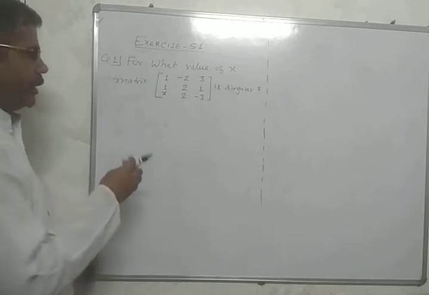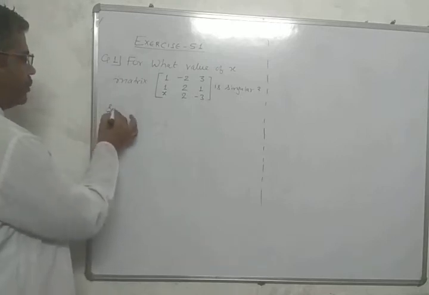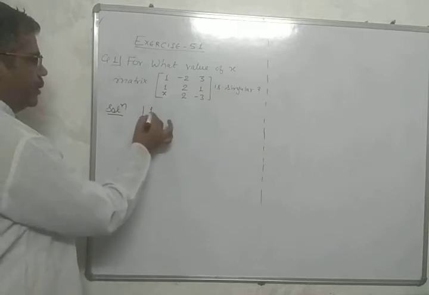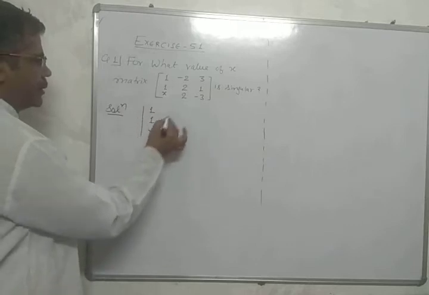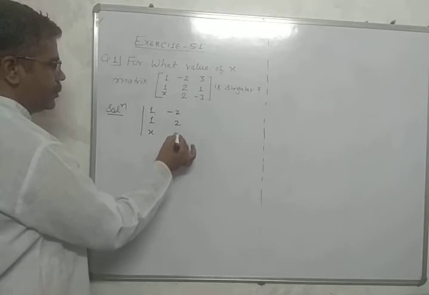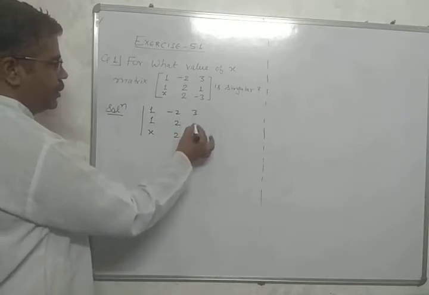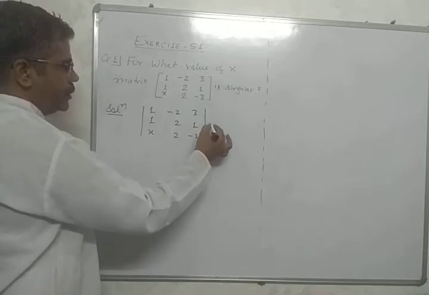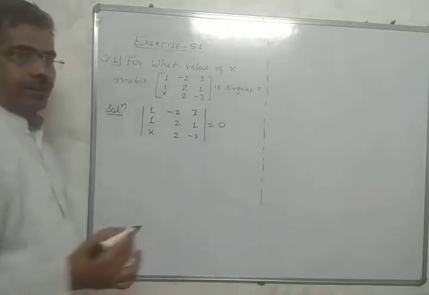So we first write it in the form of a determinant: 1 1 x, minus 2 2 2, 3 1 minus 3, and it is similar, so it equals 0.